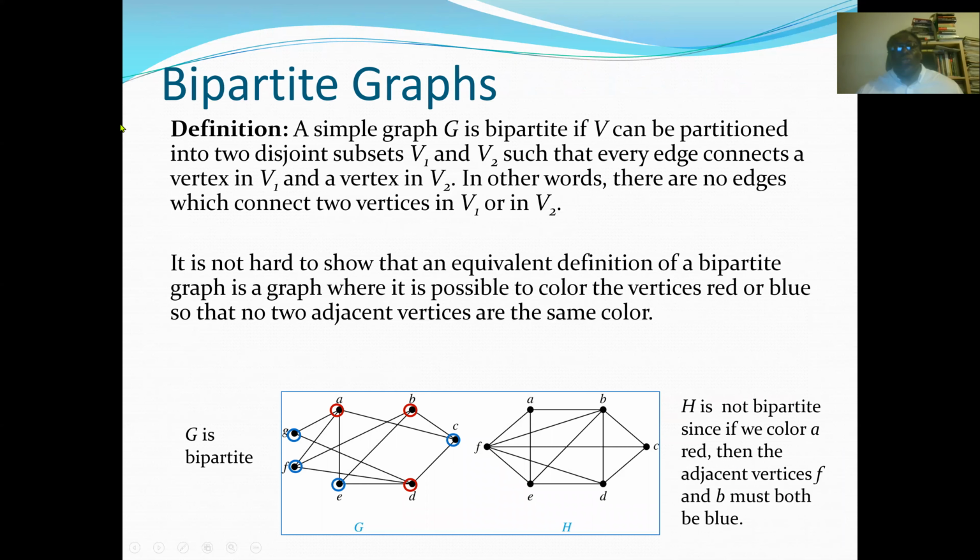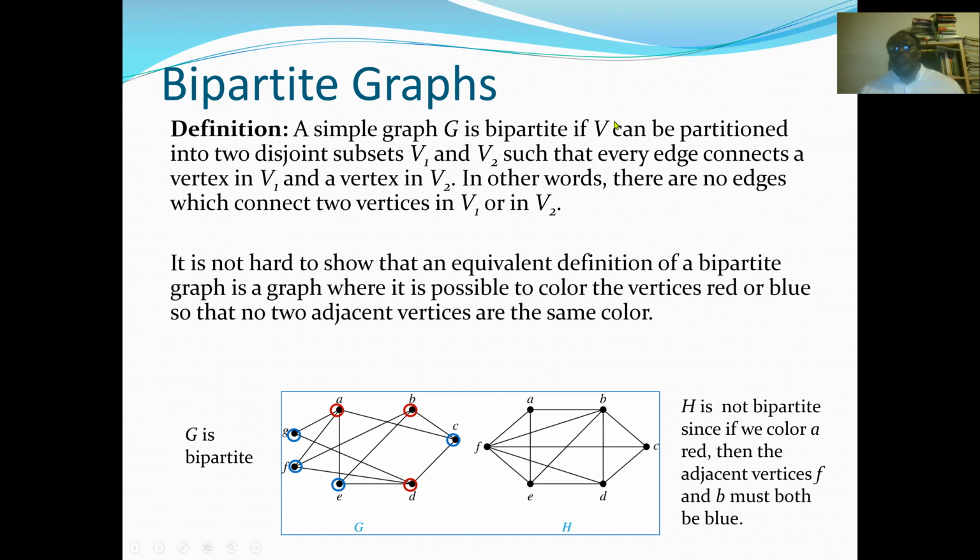We also have what we call bipartite graphs. Here, a simple graph G is bipartite if and only if its vertex set V can be partitioned into two disjoint subsets, V1 and V2. That's why it's called bipartite: bi means two.